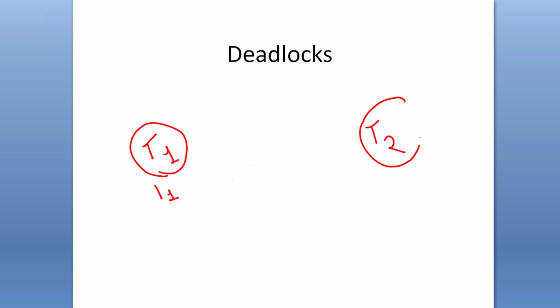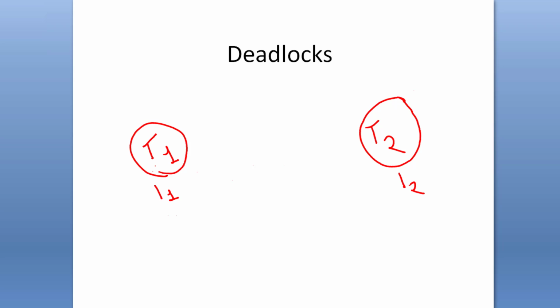Let's suppose there is one thread T1 and another thread T2, and T1 has hold of the L1 lock and T2 has hold over the L2 lock. They are in between some operation, and all of a sudden they reach a line of code where they want each other's lock.